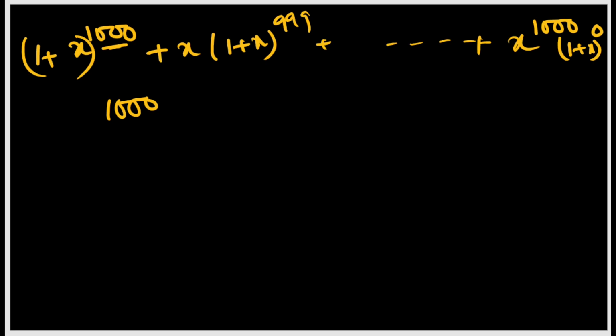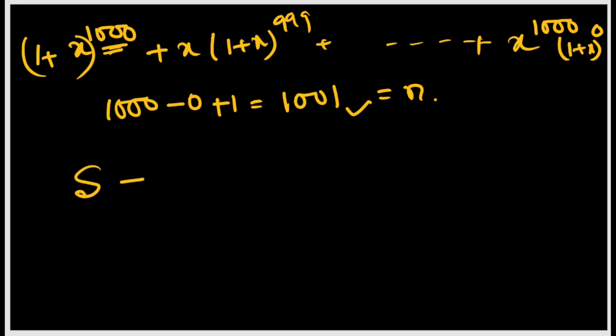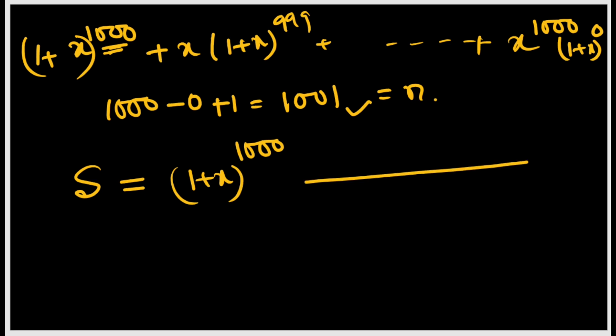The easy formula for the number of terms is 1000 - 0 + 1, so it will be 1001. This is n. Let the sum be denoted by S, with first term (1 + x)^1000. Since r is less than 1, we apply this formula.